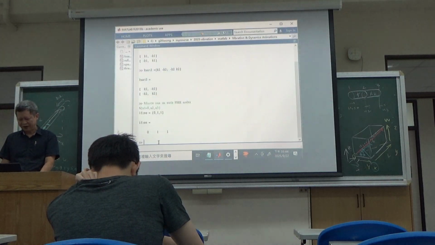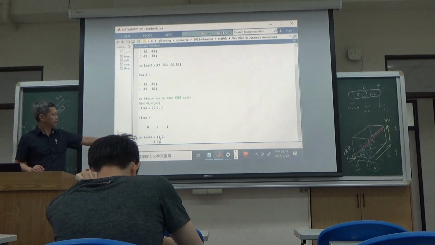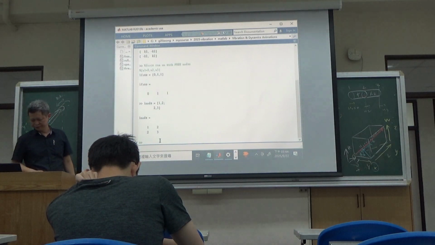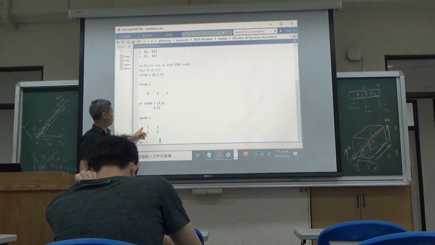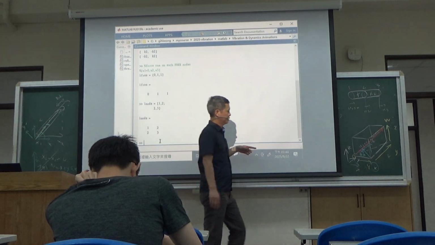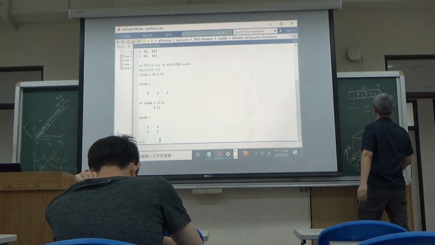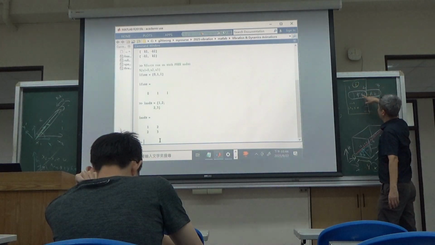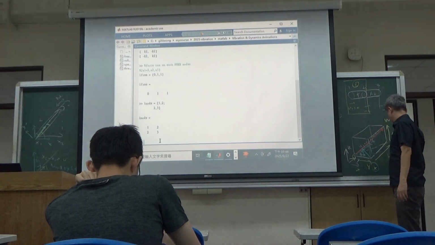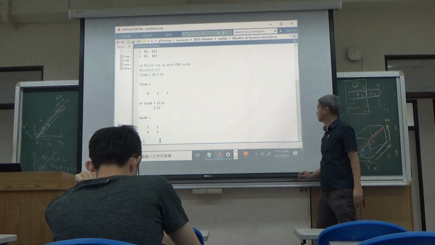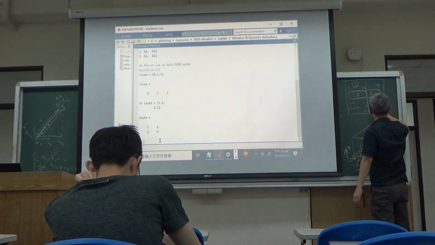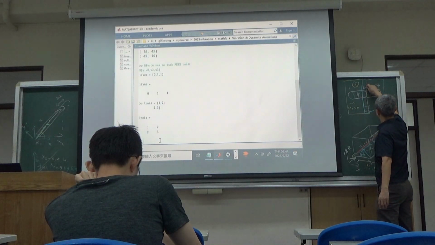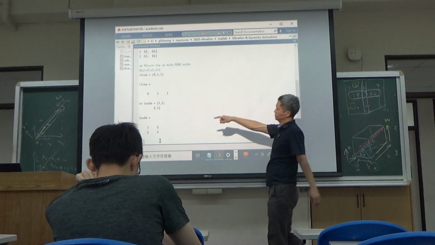Then you have to define the node-element association. First row is for the first element. It has the first degree of freedom and second degree of freedom. So your first element is element 1. It has 1, 2 associated. How about the second element? You have 2, 3 associated.